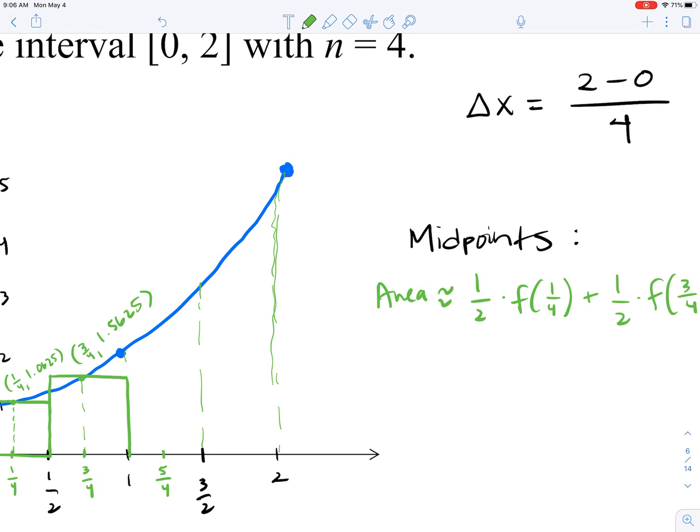And then I move on to the third subinterval. Halfway between 1 and 3/2 would be 5/4. And to find the midpoint, you can just take the average of the endpoints of the subinterval. So 1 plus 3/2 divided by 2 would give us 5/4.